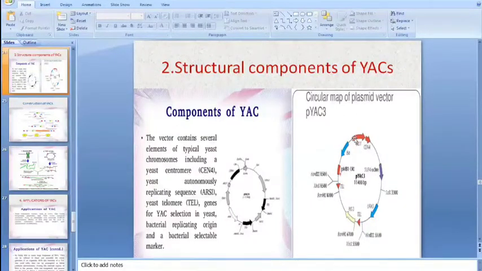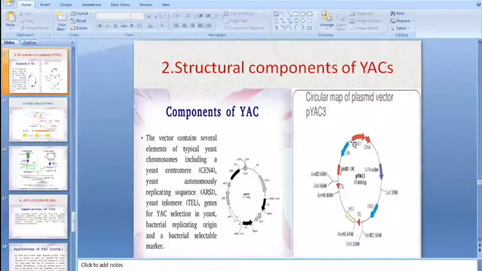You can see it here. This part of DNA is useful for replicating the vector in the yeast cell. To replicate in the yeast cell, this part of DNA is essential.